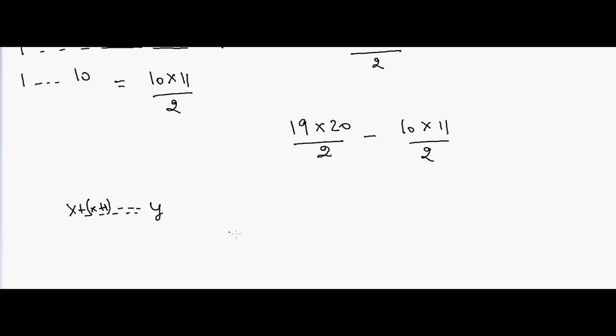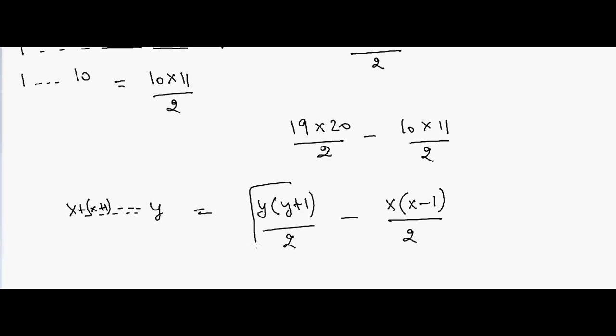In that case I can write this as y into y plus 1 divided by 2 minus, and here we have to be careful because this is x, so this will be x into x minus 1, because we are adding until x minus 1, divided by 2. So that will be our answer if we have to add numbers in series.